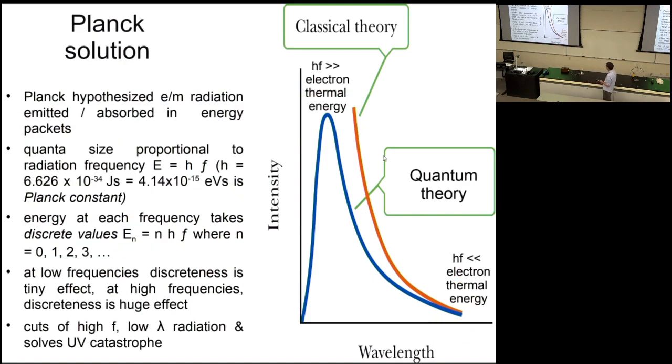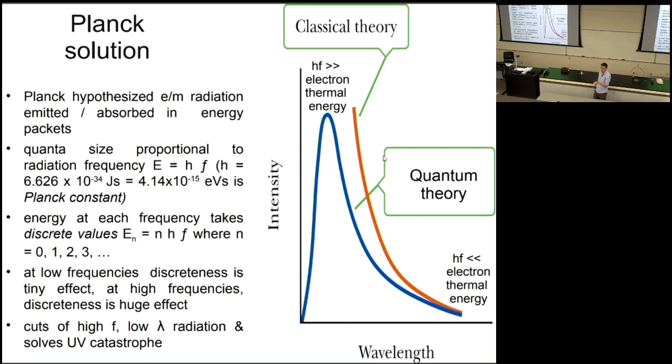So, Max Planck came up with a solution to this problem of the ultraviolet catastrophe. And his solution is that the electromagnetic radiation that's emitted by the black body is emitted and also absorbed in packets. It's emitted in packets of energy.